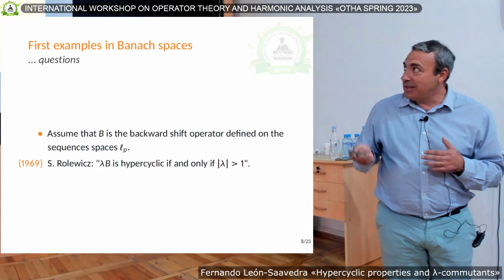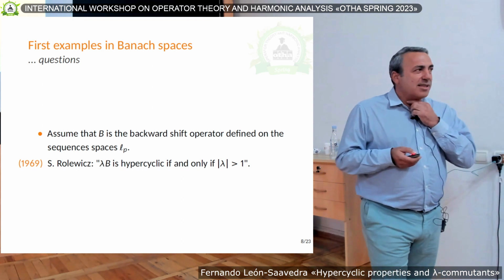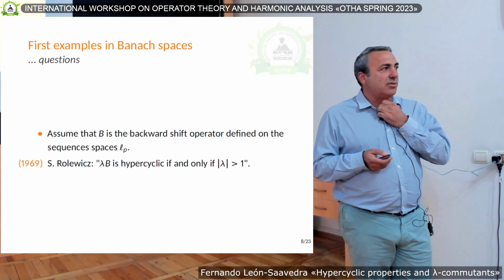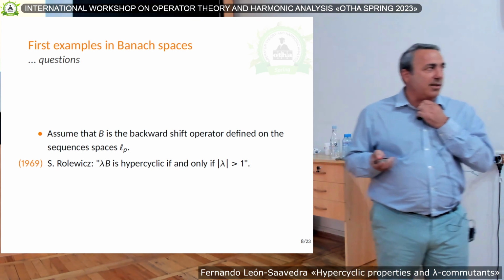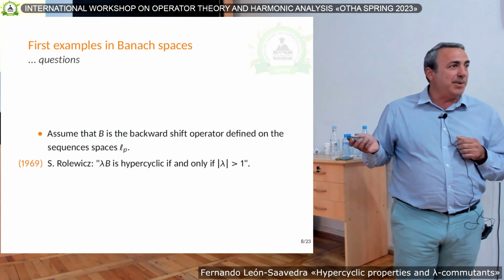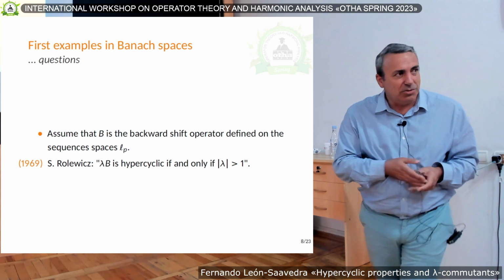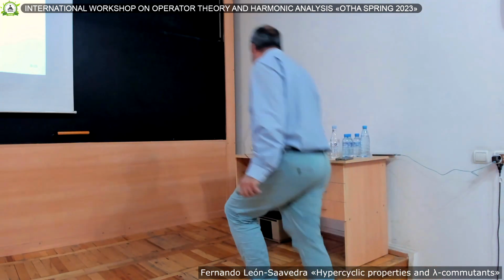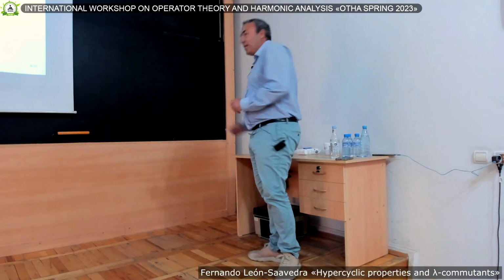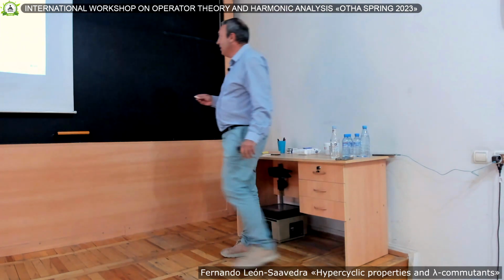Okay? Second example of a hypercyclic operator. This is the first example of a hypercyclic operator on a Banach space. We denote by B the backward shift operator, which is just the operator that shifts the coordinates.